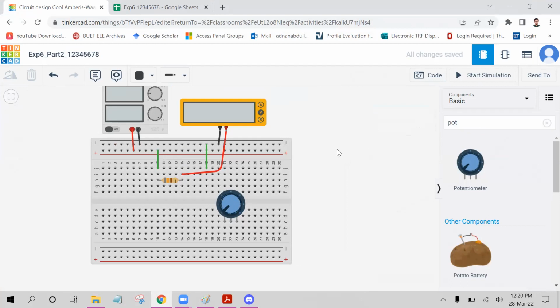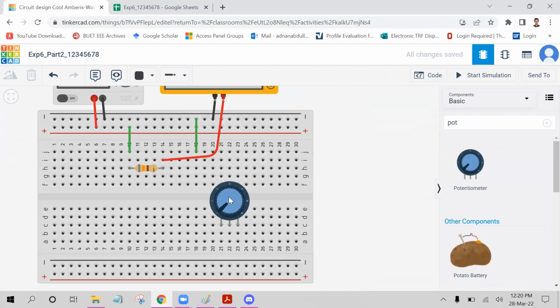Oh, okay, something I forgot. Look, there is no display or reading on the potentiometer. So how can we measure the resistance between these two terminals? We need some sort of meter to measure the resistance, right? Is it clear? To measure a resistance, we use an ohm meter.